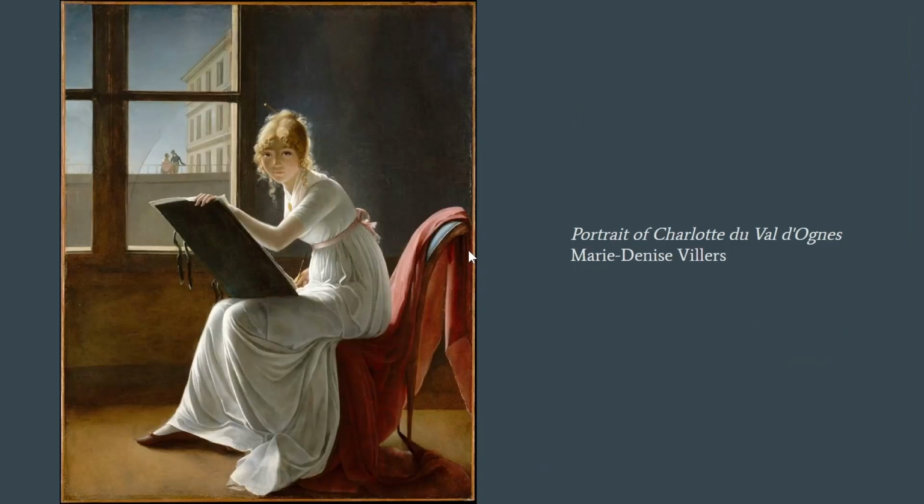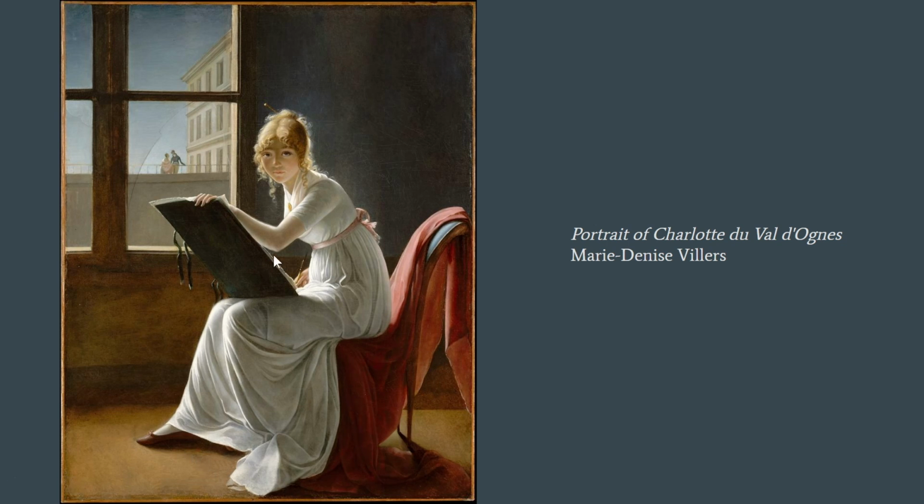Here's a portrait of Charlotte du Val d'Ognes, by Marie-Denise Villers. Neoclassicism is kind of a hybrid, I guess, between Baroque and Renaissance, and also it introduced some of its own visual elements.